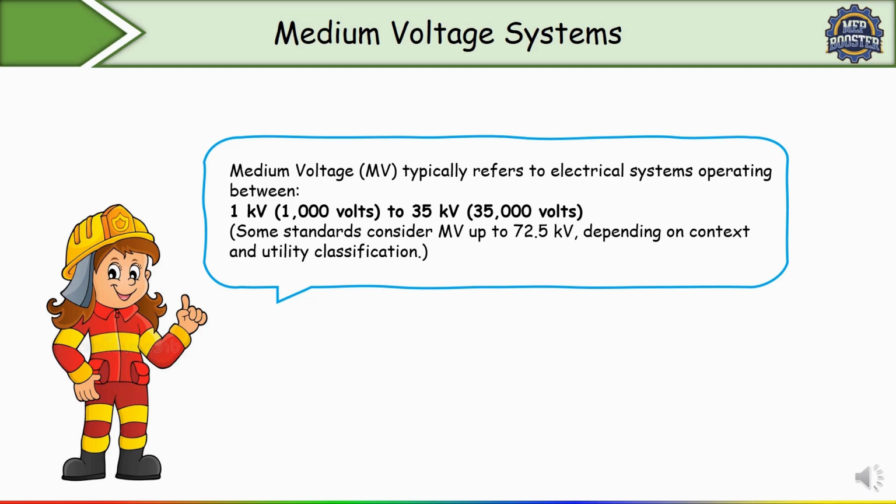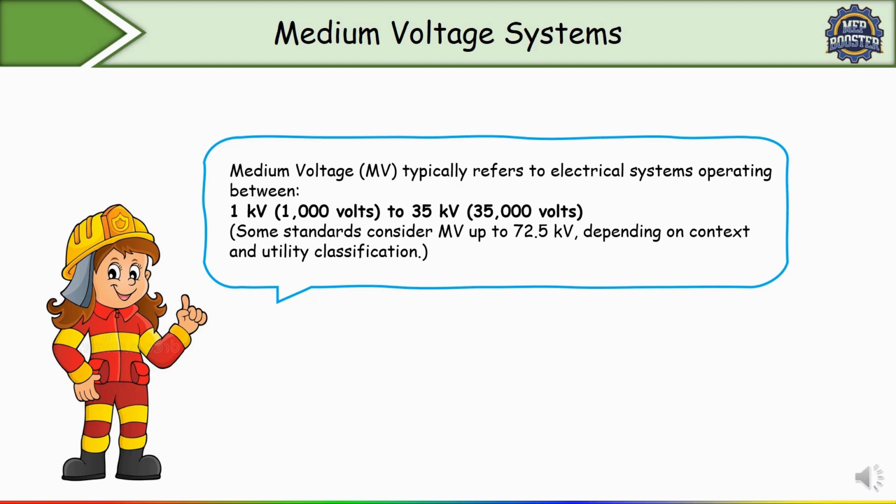Now maybe the question is where is this medium voltage system used? Normally in substations, medium voltage is used in primary and secondary substations to step down from high voltage and distribute to end users, even in industrial facilities like factories and chemical plants.